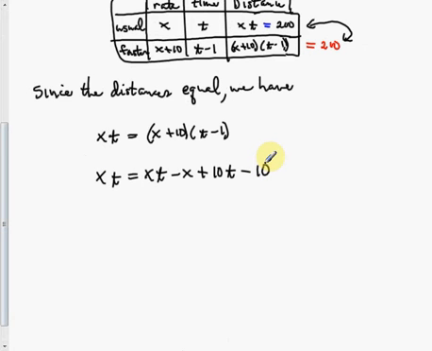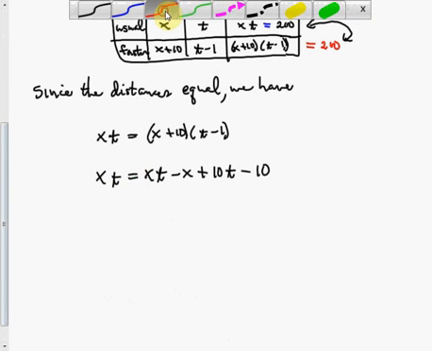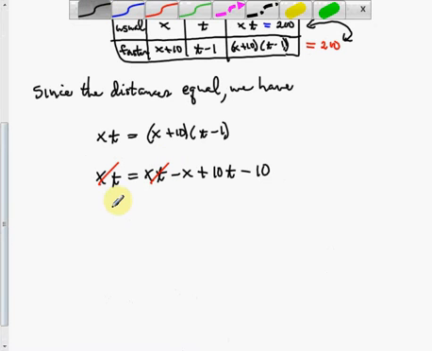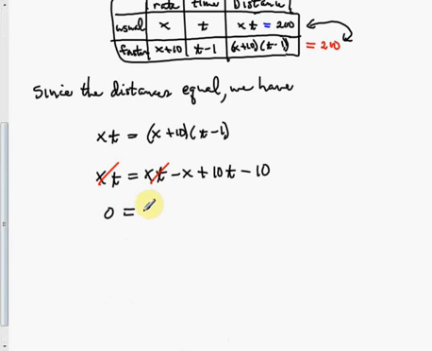Now notice that if I subtract xt on both sides, it cancels out. Good for me, because I wasn't going to try to get rid of that anyway. So I get 0 is equal to negative x plus 10t minus 10.